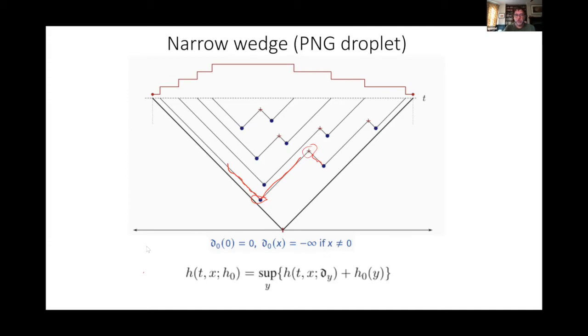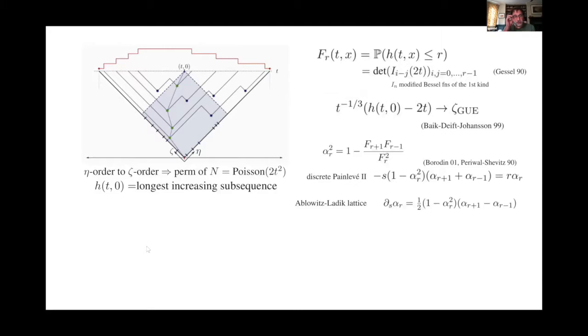So the narrow wedges have an illustrious history because the narrow wedge solution is actually equivalent to a Poissonization of the famous problem of the longest increasing subsequence of a random permutation.